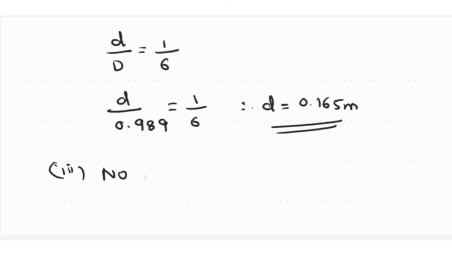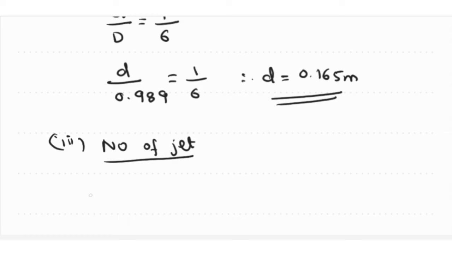Third part, that is number of jet. So we should calculate what is the discharge through each jet first. Number of jet is equal to overall discharge divided by discharge through the individual jet.